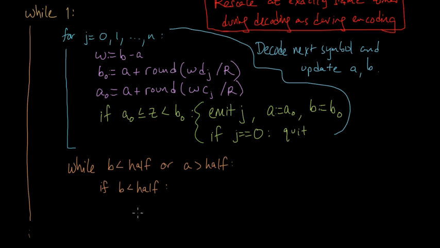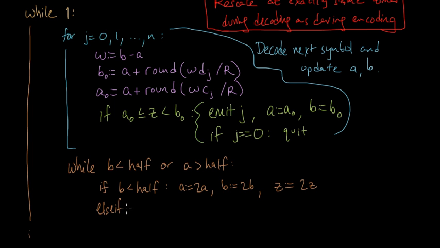In case 0, if B is less than half, then we update A and B just like we did above: A is 2 times A, B is 2 times B. And now we also need to update Z. We need to keep that in the right relationship to A and B. Z becomes 2Z.